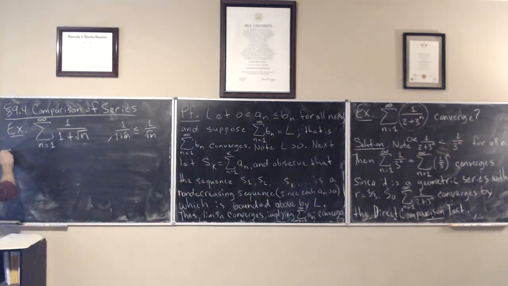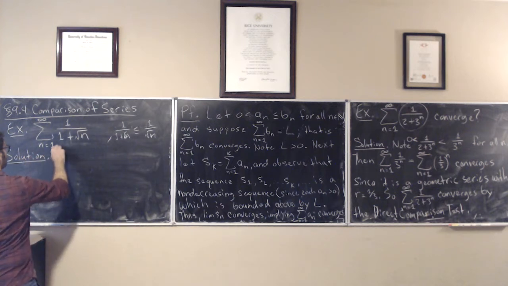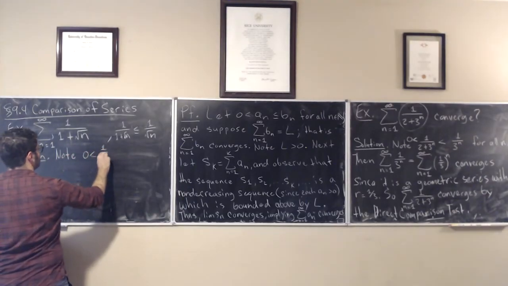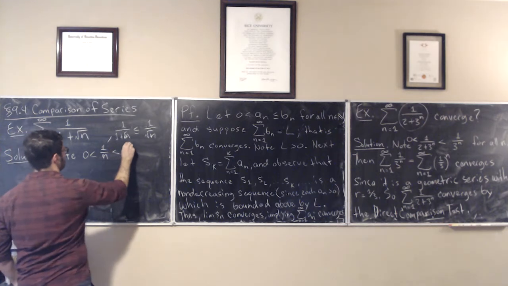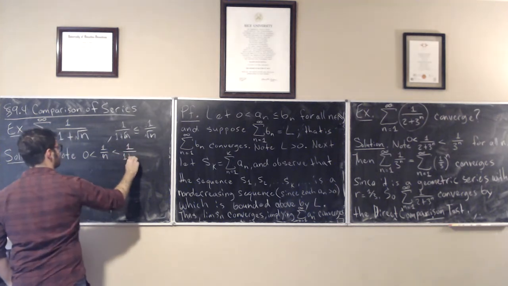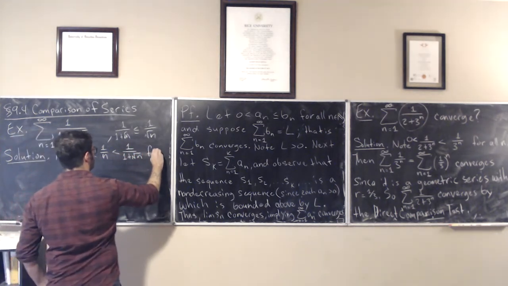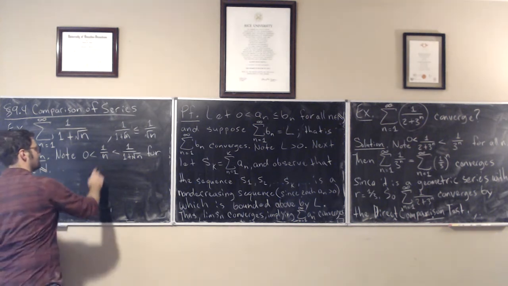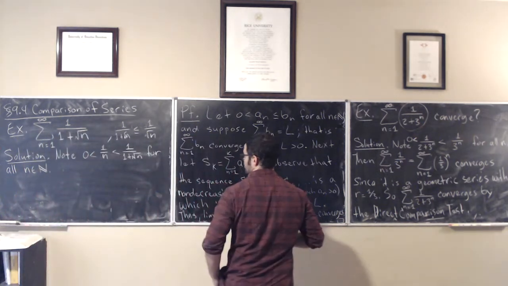What about if we look at comparison, so note that 0 is less than 1 over n, which is less than 1 over 1 plus root n for all natural n. So then we have a harmonic series that diverges, which is less than this term.